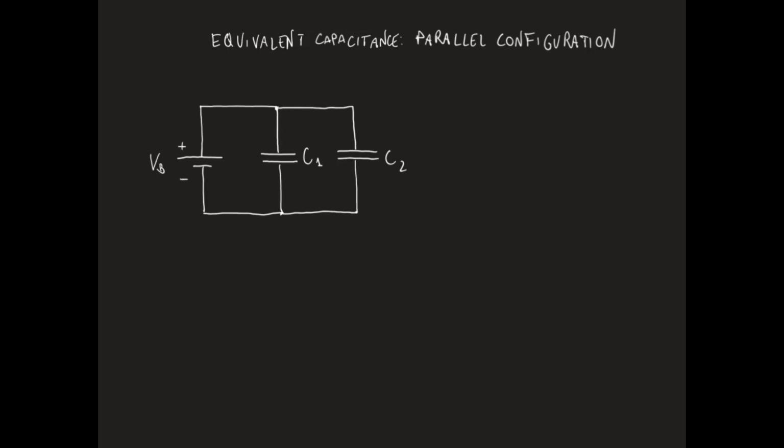Since the two capacitors are in parallel with the battery, the voltage across them will be the same and equal to VB.